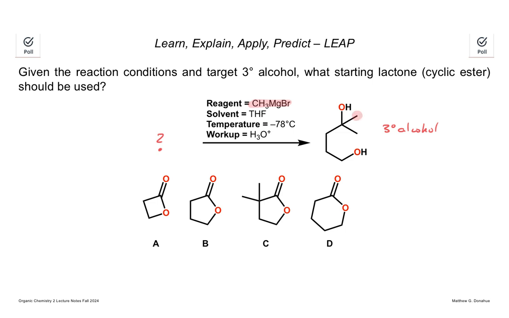So right here and right here. So we need to start with one of these cyclic esters. So again, they're all oxidation state 3. And a cyclic ester is called a lactone.